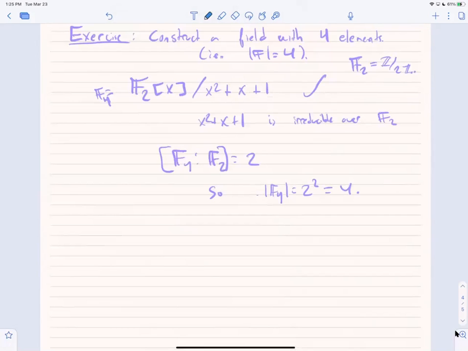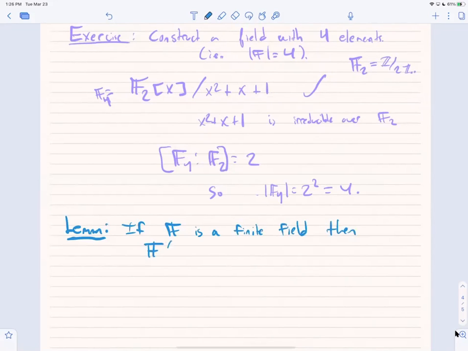Okay, so let me state a result that will be very useful in characterizing and constructing finite fields. If F is a finite field, then F cross, the group of units in F, makes sense for any ring, but here F is a field, so the units are just F with the 0 element removed, and the group law is multiplication.